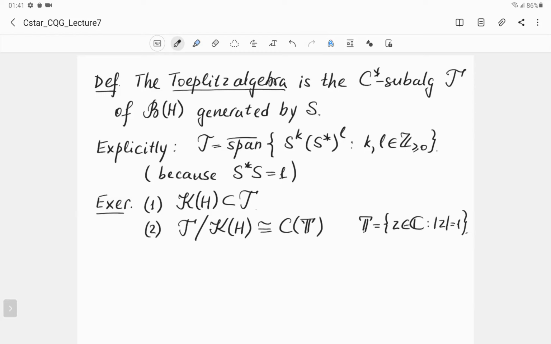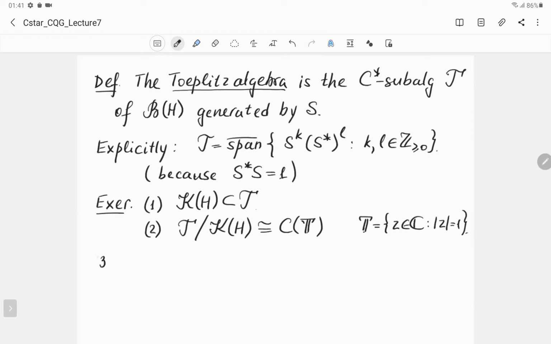It follows from the classical Fredholm theory, from the theory of Fredholm operators, that the spectrum of an element in this quotient is the essential spectrum of the respective operator. And it's a simple exercise in functional analysis to show that the essential spectrum of S is the unit circle. So the quotient is isomorphic to the algebra of continuous functions on the circle.